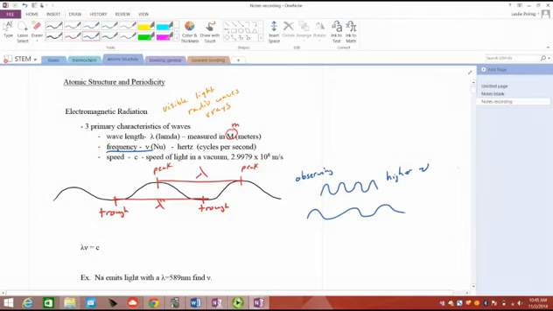So we have a higher frequency in that first crudely drawn wave than in the second one. It also has a shorter wavelength. So you can see that wavelength and frequency are inversely related.